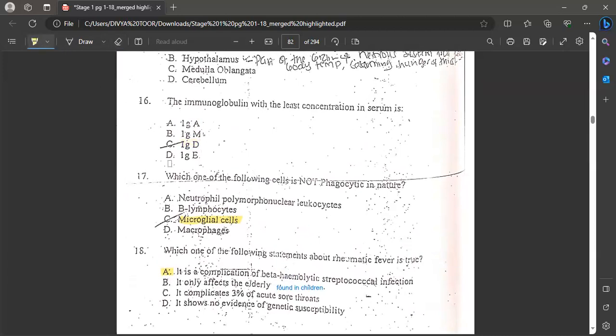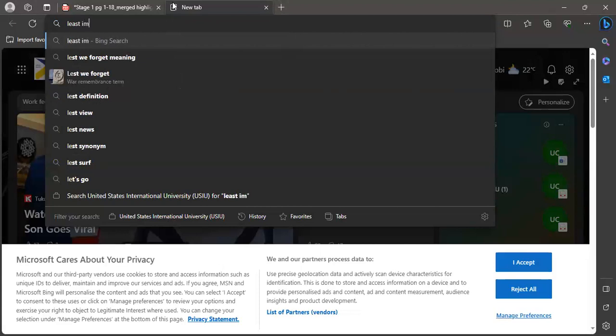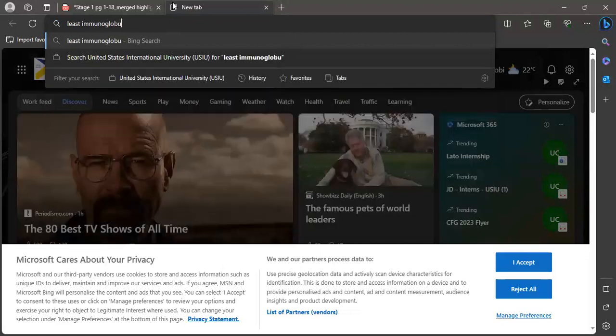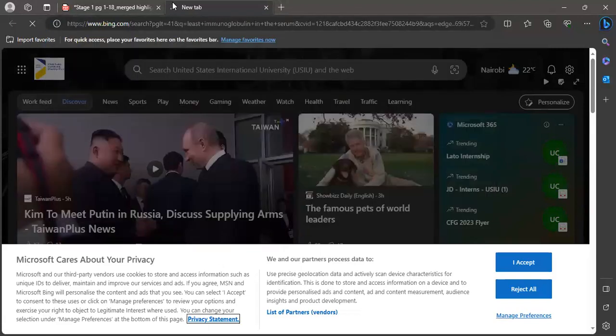Okay, I'm not sure, but I'd guess IgD because its functions had not been clearly understood. I'd also go with IgD, but just confirm. Let me check the notes. Someone said the lowest concentration is IgE, but let me go to the book and confirm too. In the blood, in the serum.